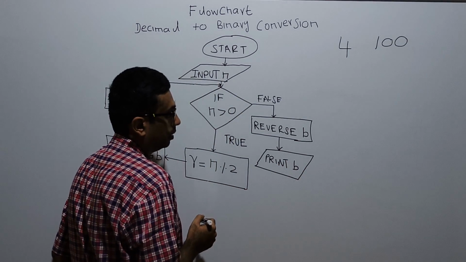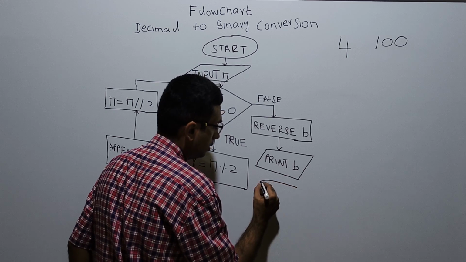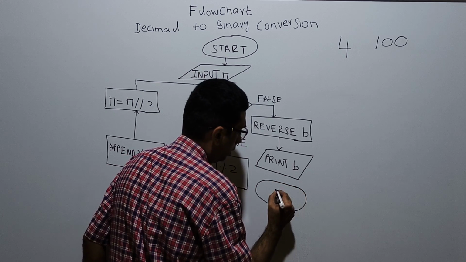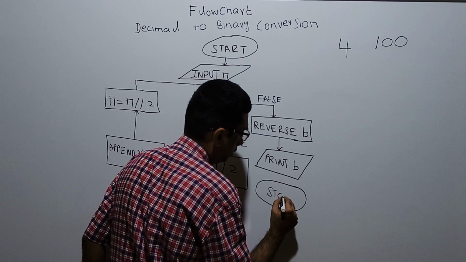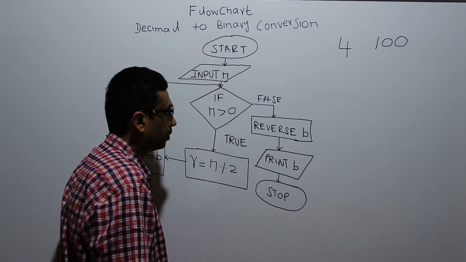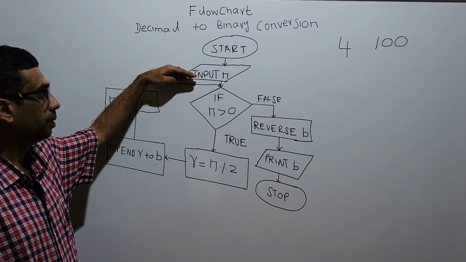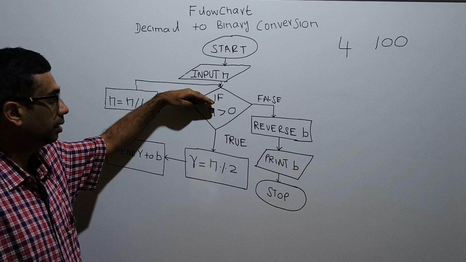I am printing the result stored in the variable b, and this is the logical end of the flowchart.